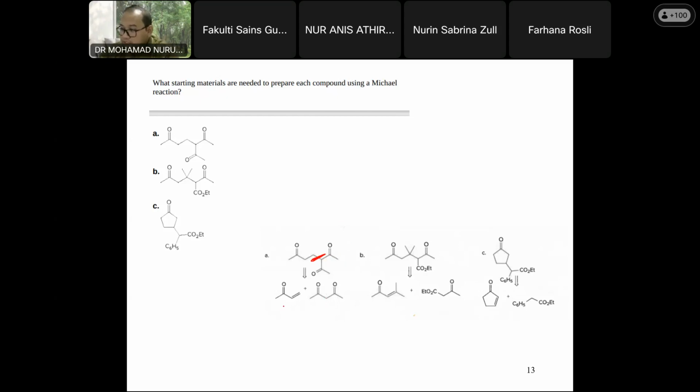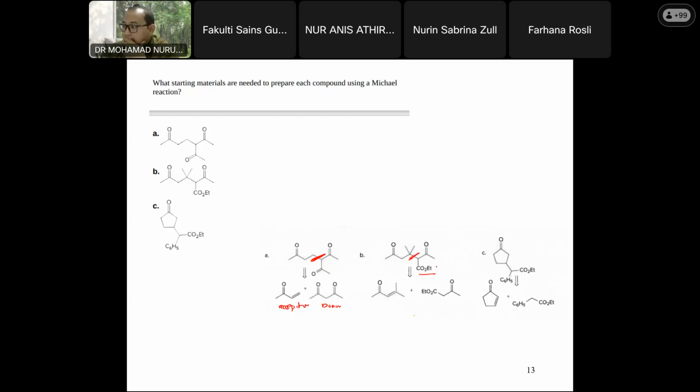So this one is the acceptor, this one is the donor. Again, if you are confused, you can draw it as a skeletal structure for these functional groups. Then you will see clearly this is the breaking point between these elements, the enolate and the alpha, beta unsaturated ketone.